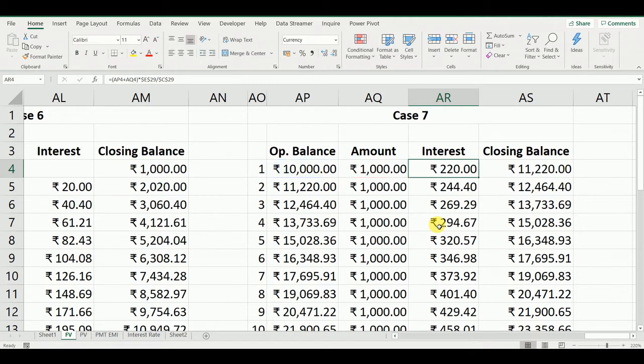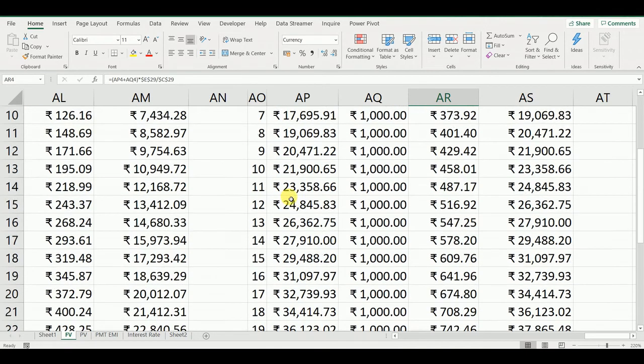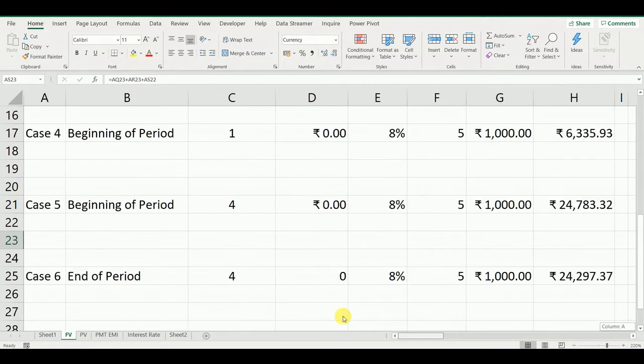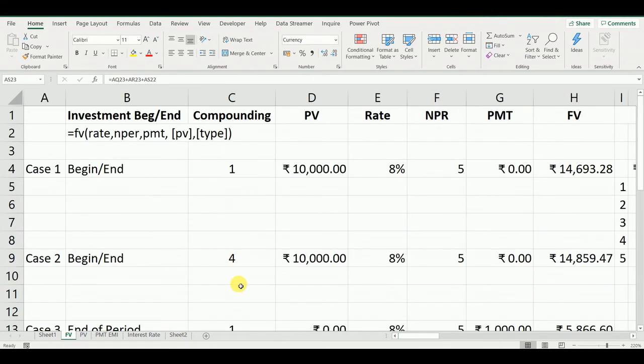So we are getting 220 rupees. If we go to the last quarter, we are getting 39,642.79 rupees. So these are the different cases for calculation of future value by using the formula FV.